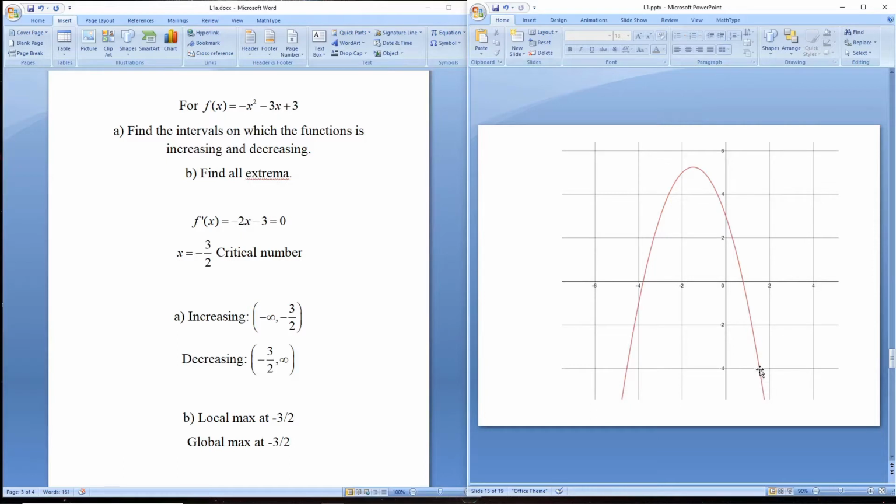So there's no global min. That's from the end behavior, the endpoints. And that means then our other extrema must be the critical number. Our local max must also then be the global max, the highest point of the function. And there's our answers.